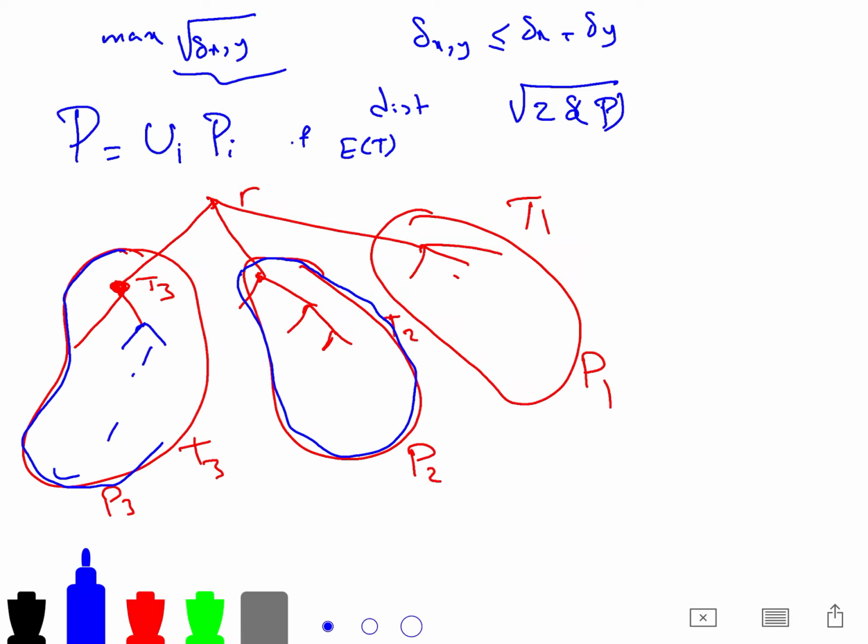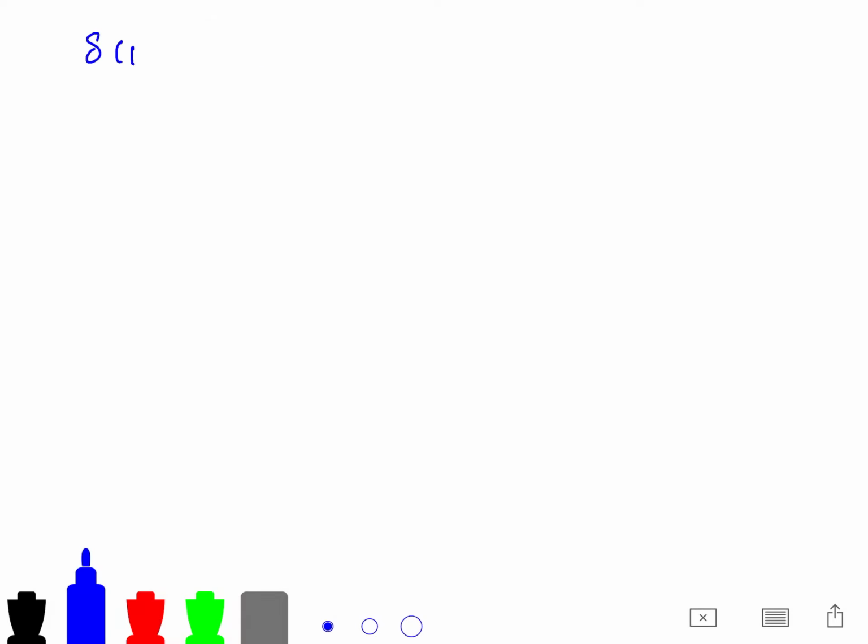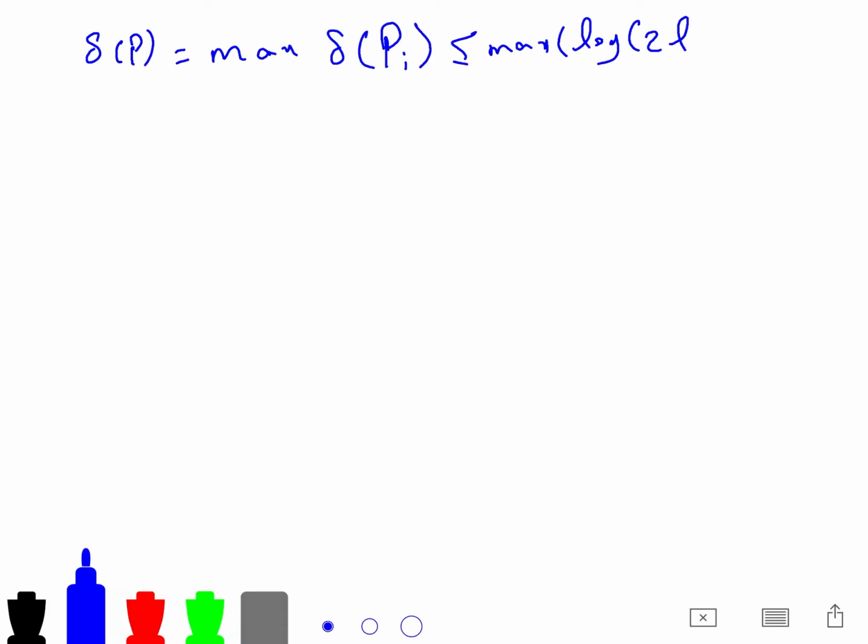So this is a modified approach. And the interesting thing by doing this is that now delta of your partition is the maximum of delta of Pi, which is less than the maximum of log of 2L, and of course L is the number of leaves of your tree. So this is less than the maximum of log of 2L of Ti minus 2, and of course this is less than log of 2L of T minus 2.